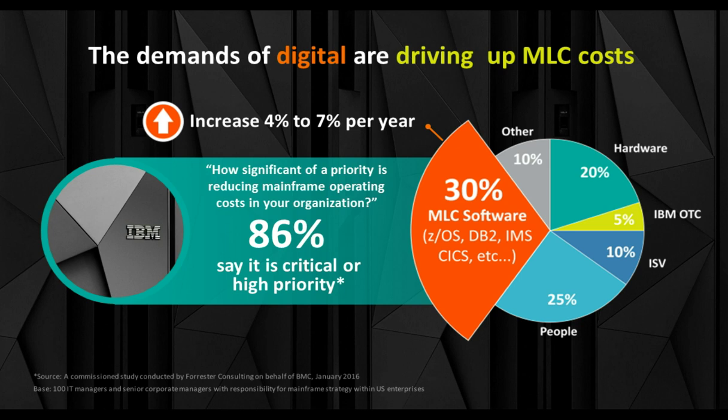And one of the things they look at are the MLC costs, the cost of the software to run the environment, z/OS, DB2, and so forth, because that generally makes up 30 to 35% of their overall budget. And we find that that cost is going up 4 to 7% year over year.